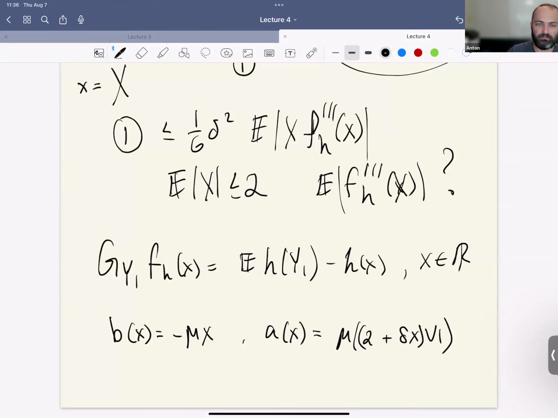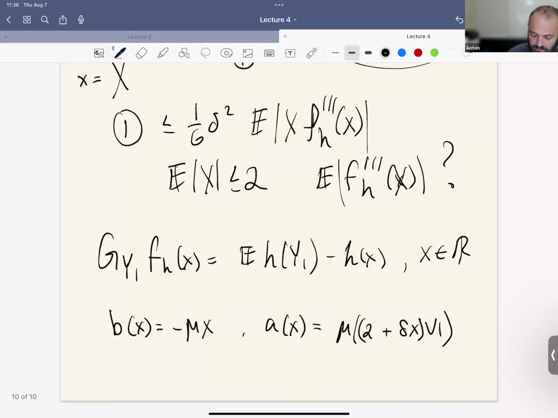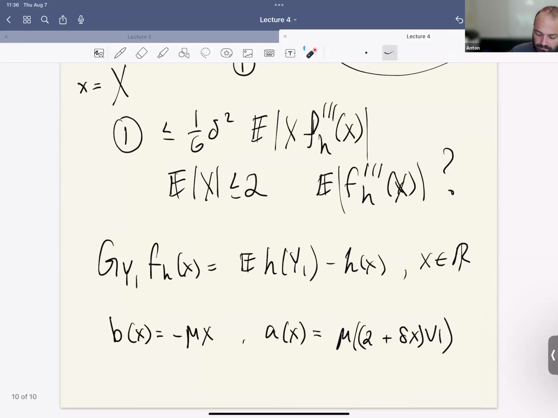You can disregard the truncation just to make life easier. But already a of x is piecewise linear. You can disregard the truncation for the intuition, but when you go and do it, you have to do the truncation, which makes a of x only piecewise linear. And piecewise linear is not everywhere differentiable, just to keep that in mind.